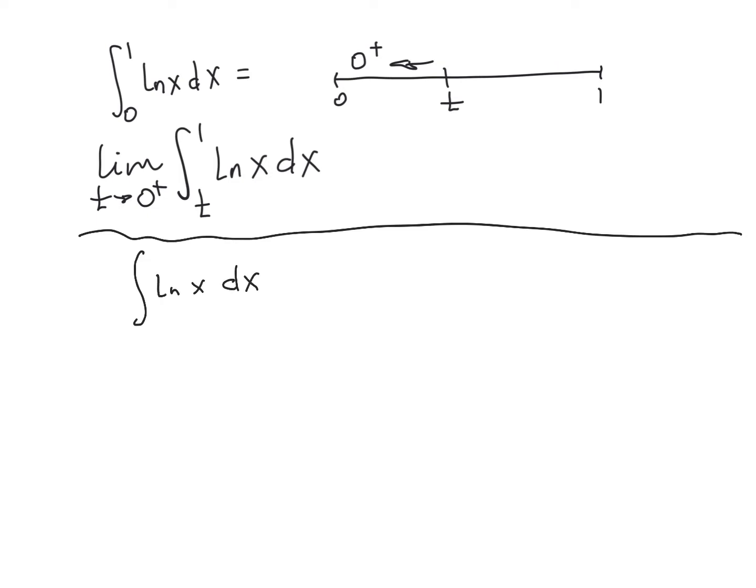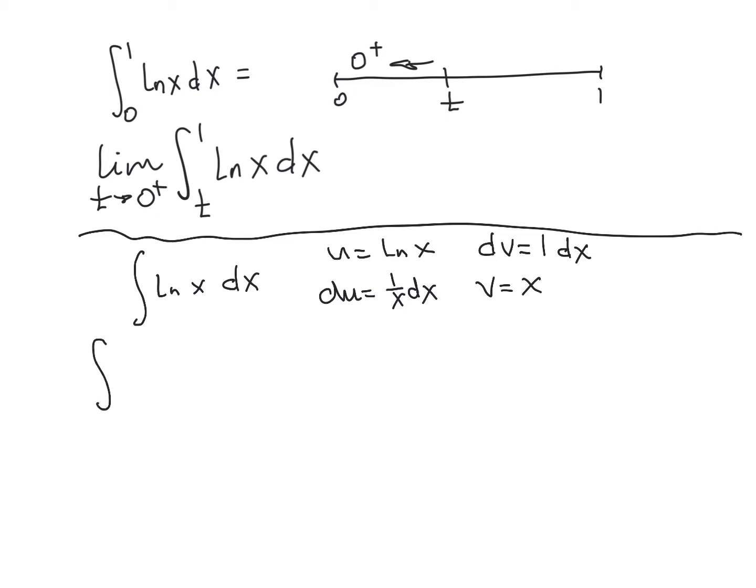We need to find the antiderivative of natural log of x. We do that using integration by parts, with u equaling natural log of x and dv equal to 1 dx. So du is 1 over x dx, and v is equal to x.